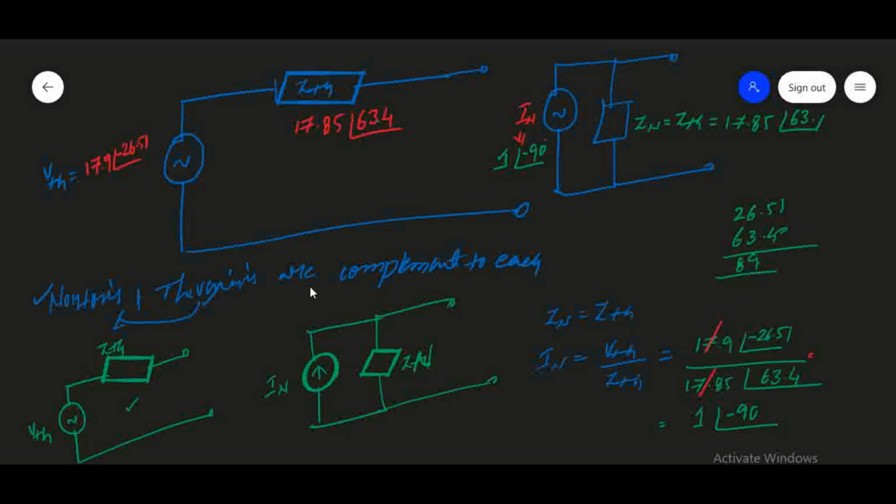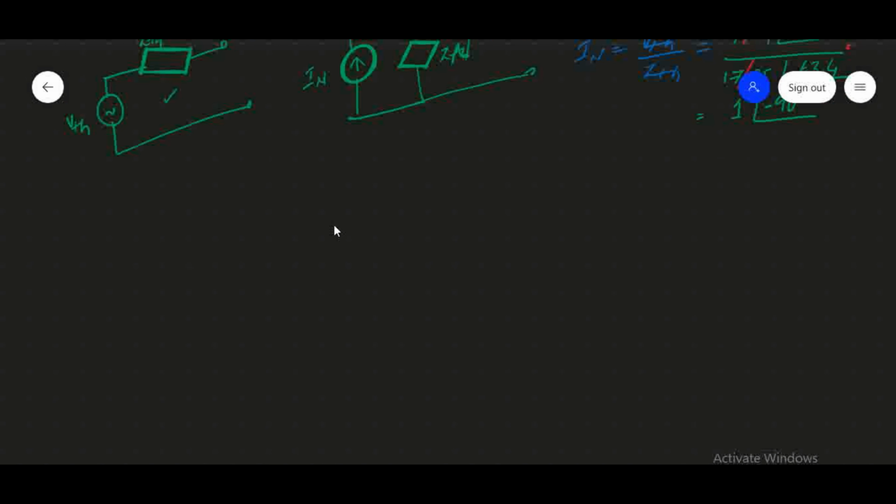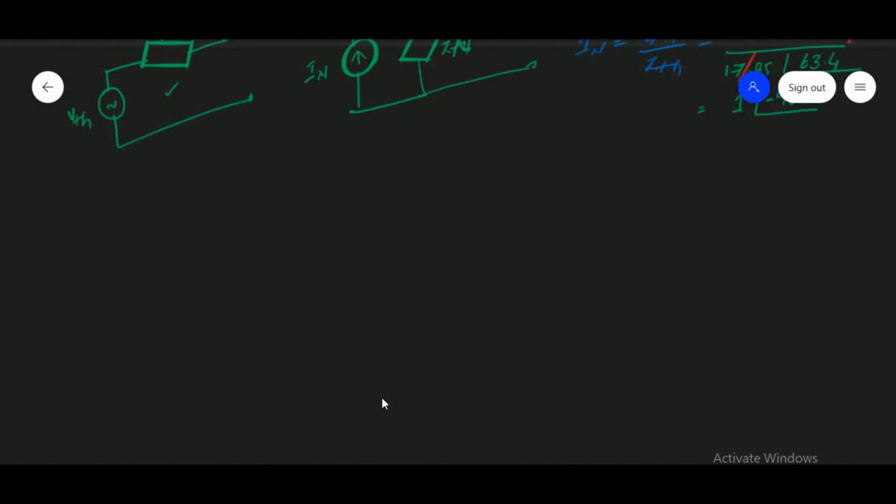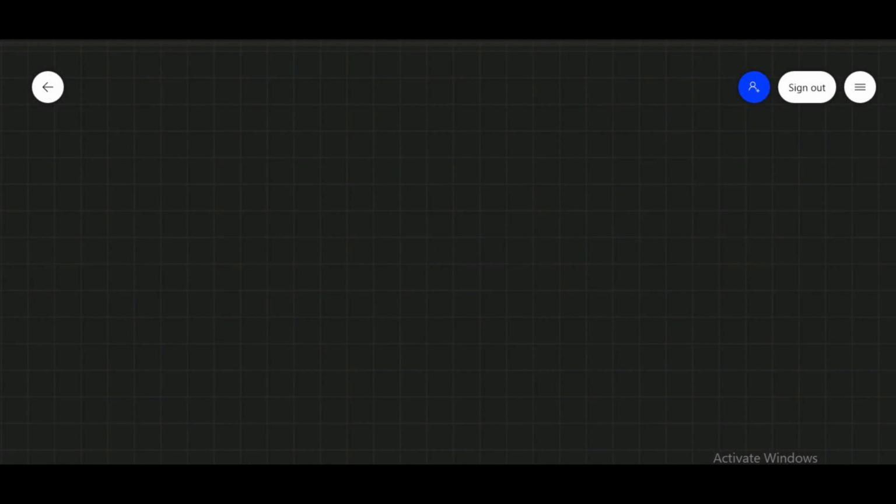Let us verify the same problem using Norton's theorem.